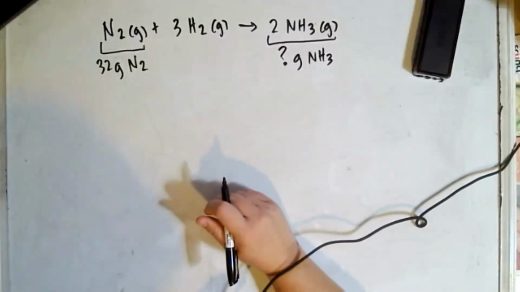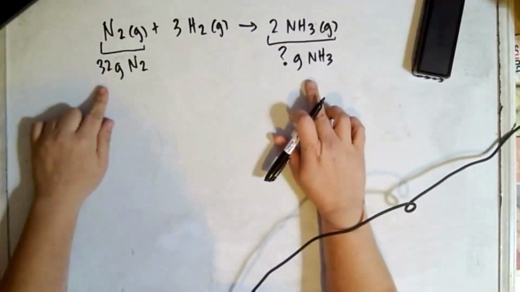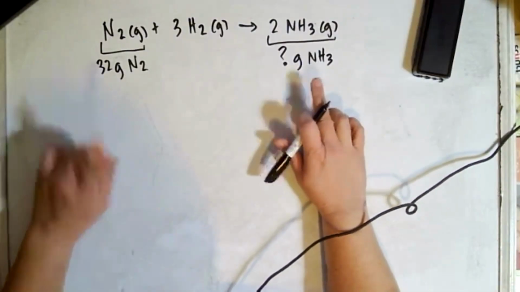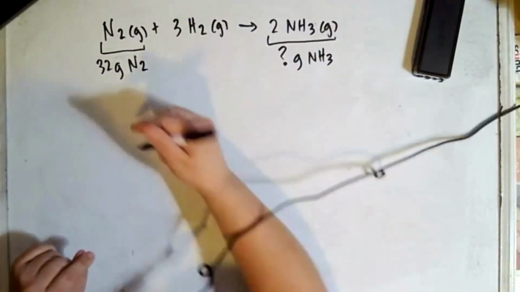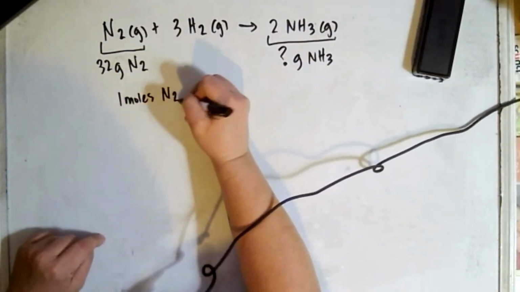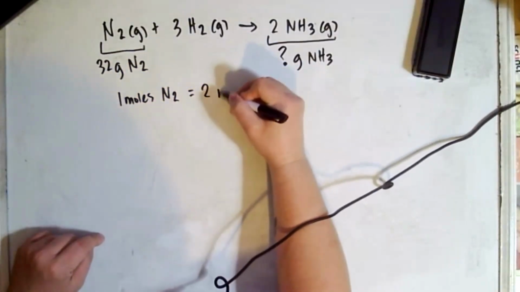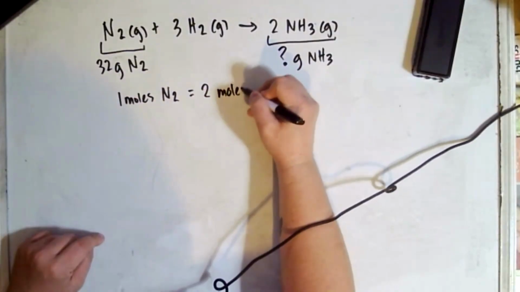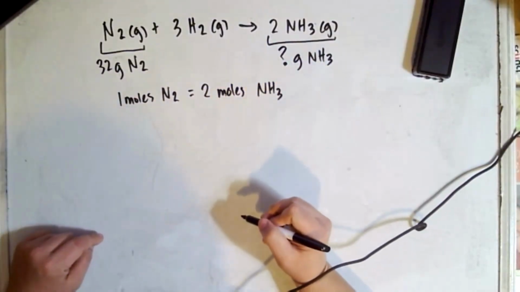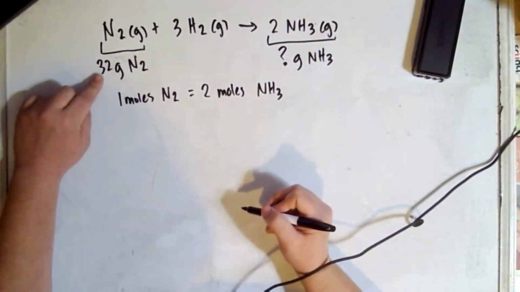So the first thing that we're going to do is recognize the two things that they want us to connect, the nitrogen and the ammonia, the NH3, and write out a mole relationship between them. So we see that every 1 mole of N2 is going to equal 2 moles of NH3. All right. And then we're going to start with the mass value that they gave us.